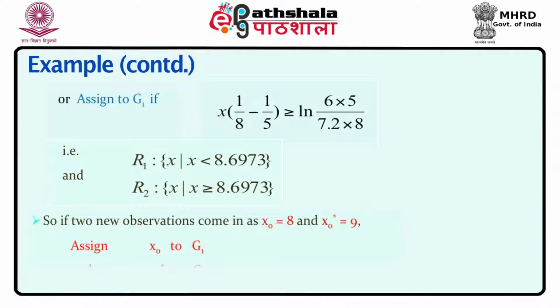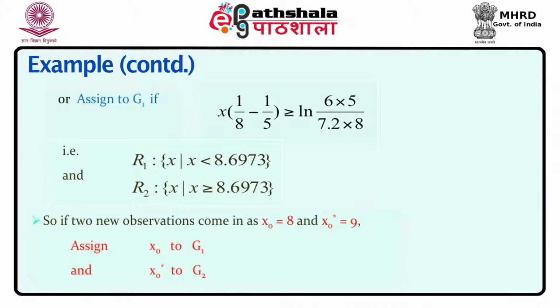As for the second observation, x0 star, this is 9, which falls in the R2 region, being greater than or equal to 8.69, and hence we assign x0 star to G2. This is how we assign individuals once we have decided on the R1 and R2 regions.